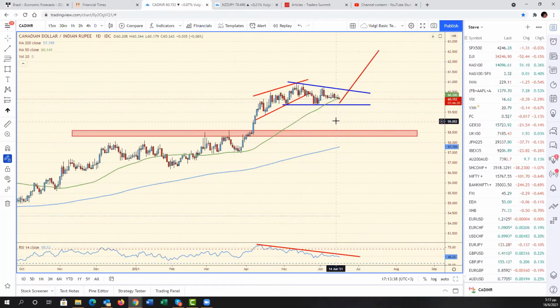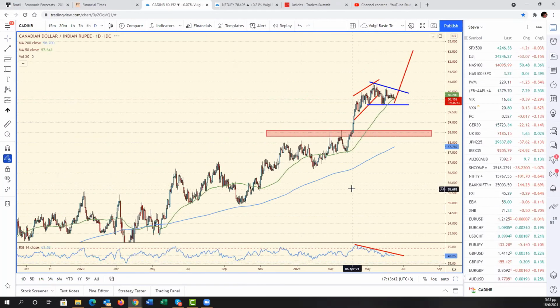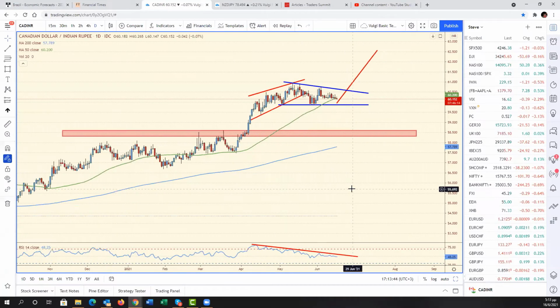We're just correcting in time before we move higher. That's what I think. As long as we trade above 59.80, you have to remain bullish. We're probably correcting in time rather than in price. Okay.